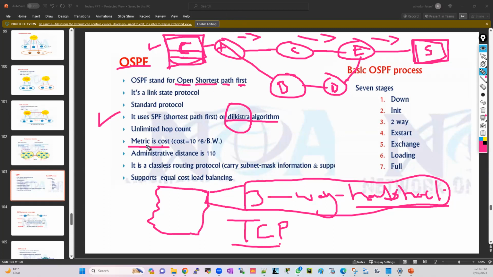But if you look at it, it doesn't work this way most of the time. We will do it in a lab and we'll see how it plays out. The metrics will be calculated based on bandwidth. So we have low cost and high cost.